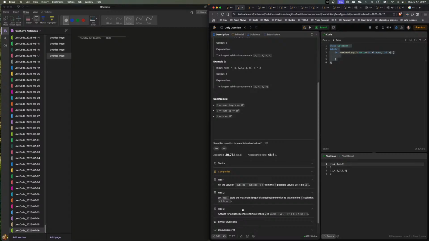Alright, I don't understand. Answer for a subsequence. Let dp[i] store the maximum length of a subsequence with its last element x. Last element x.